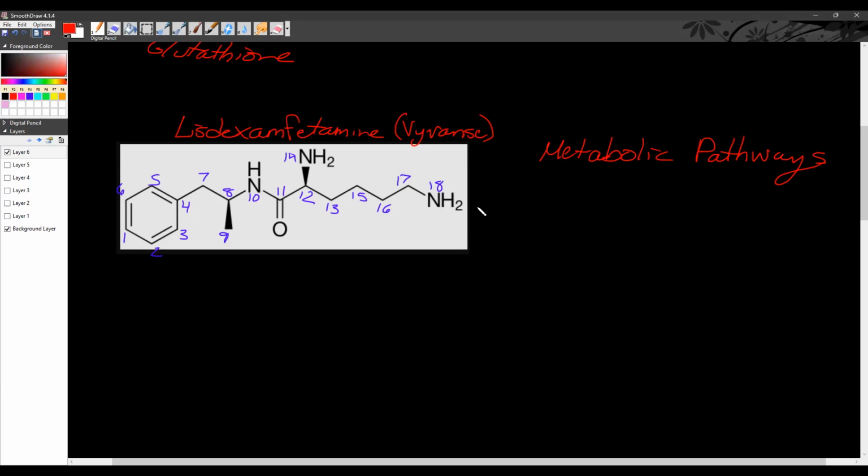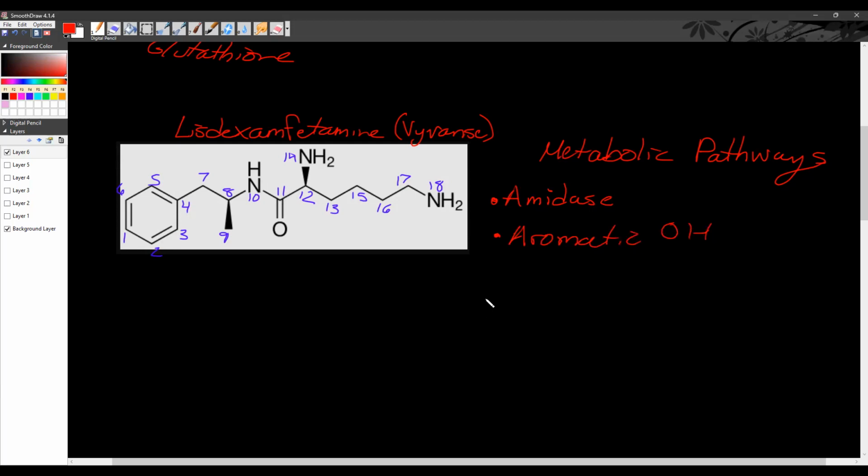So we have amidase, someone says. What else? What are pathways? And I realize that some people might be drawing the drug. Aromatic hydroxylation.